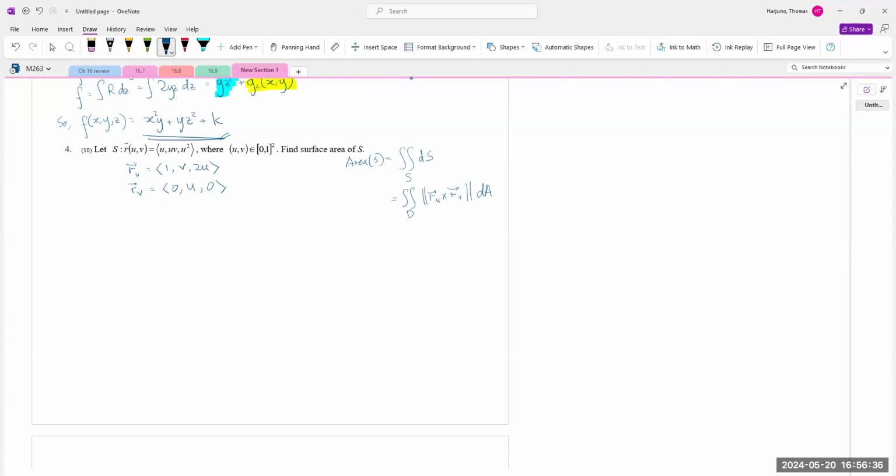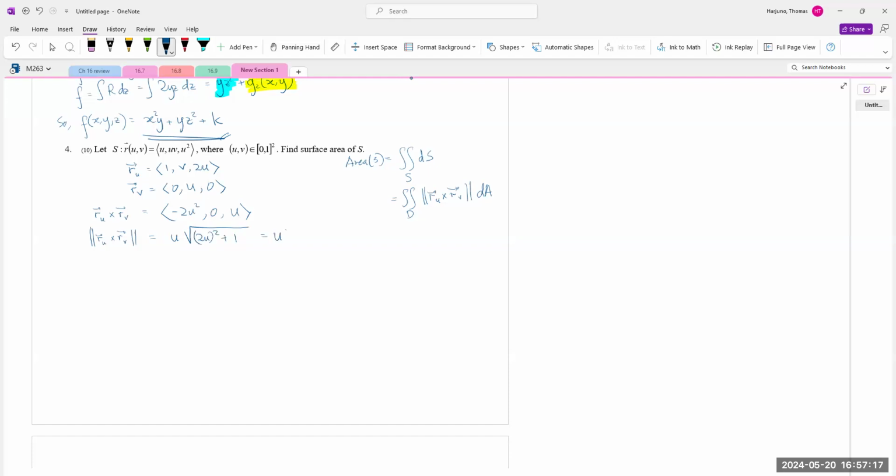So the cross product r_u cross r_v will be (negative 2u squared, 0, u). Am I doing okay? Make sure. So the magnitude of this r_u cross r_v, I can factor the u out and then the square root of 4u squared plus 1.